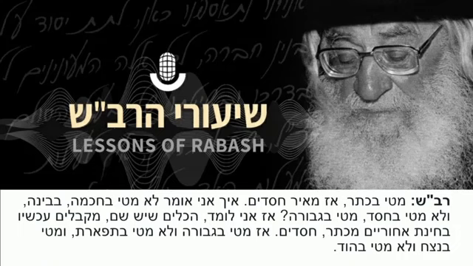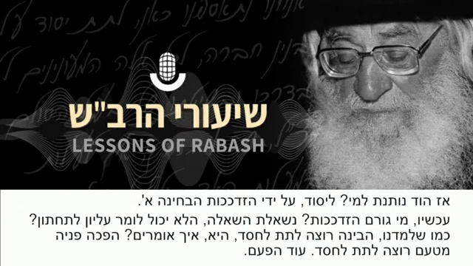So it expands in Gvura and doesn't expand in Tiferet. It expands in Netzach and doesn't expand in Hod. So Hod gives to whom? To Yesod, through the refinement of phase 1.